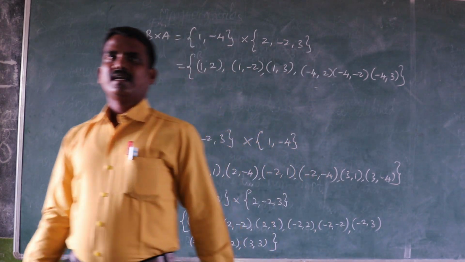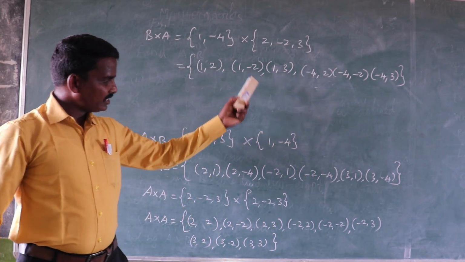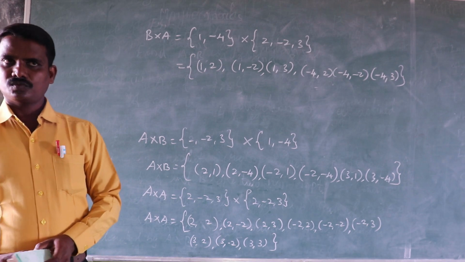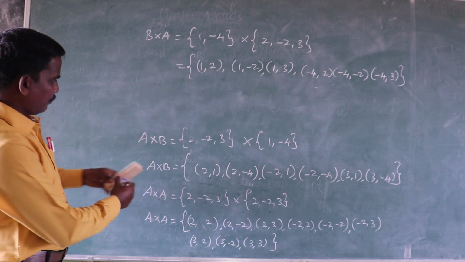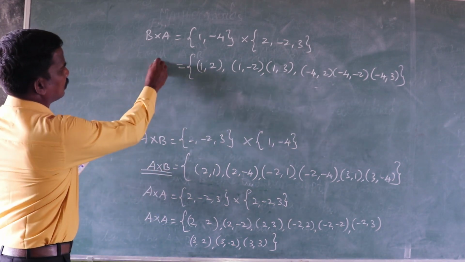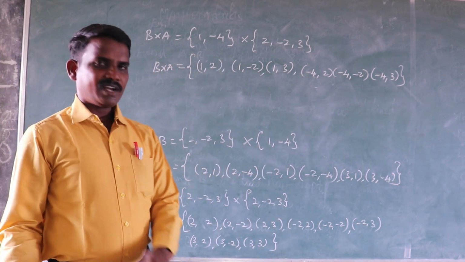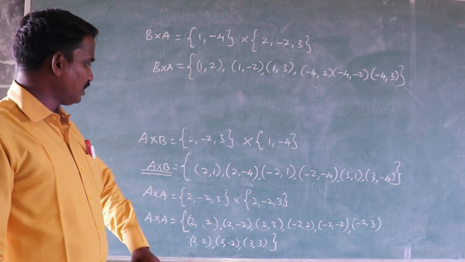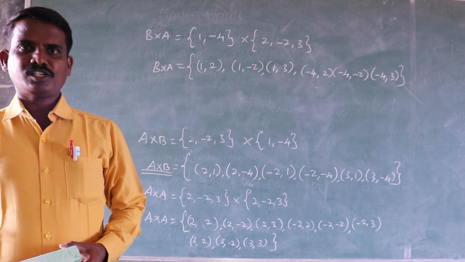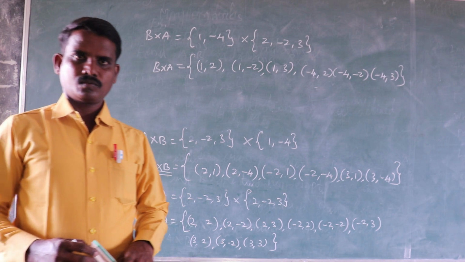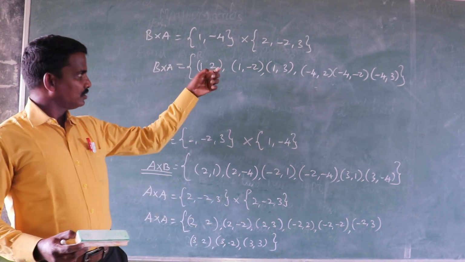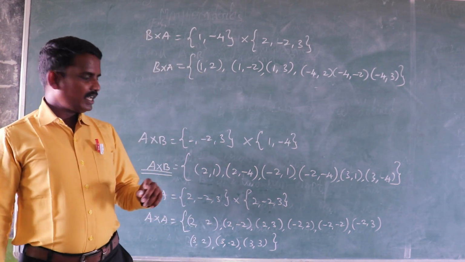Now we can see these two sets, A cross B and B cross A. Are there any common elements, that means common ordered pairs, in A cross B and B cross A?